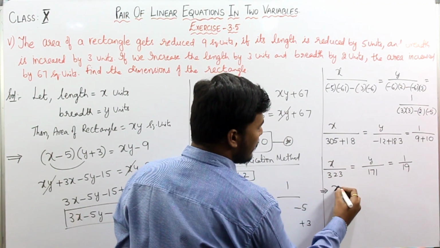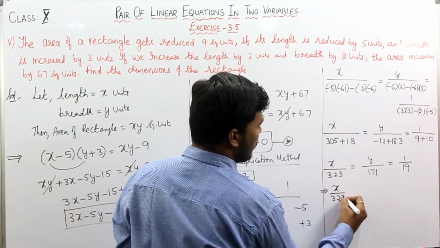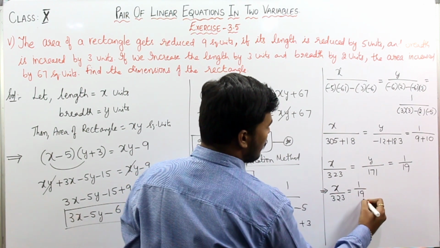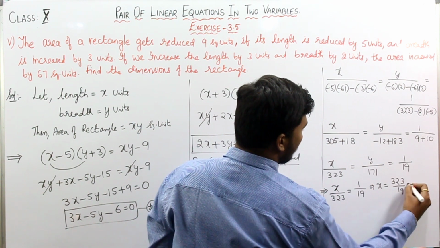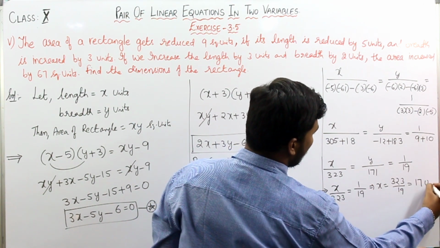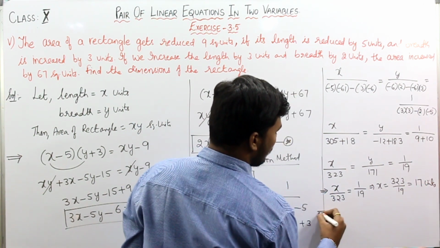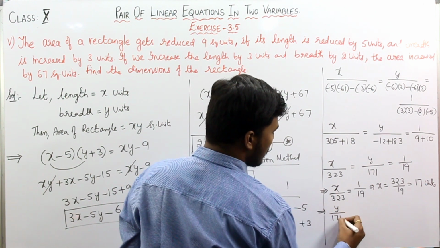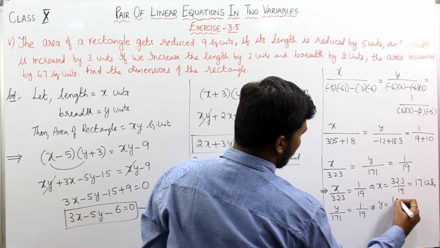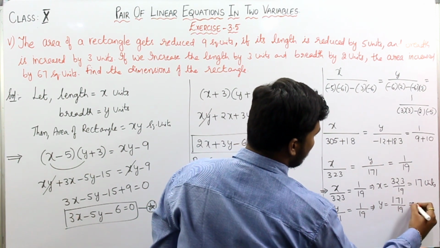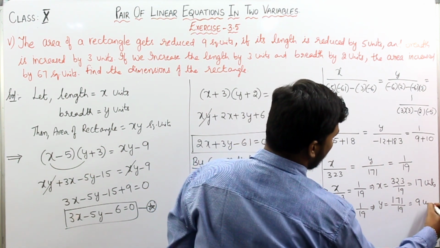Now from that x value will be x by 323 is equal to 1 by 19. From that x is equal to 323 by 19, which is nothing but 17 units. And from that y value will be y by 171 is equal to 1 by 19, that is equal to 171 by 19, which is equal to 9 units.